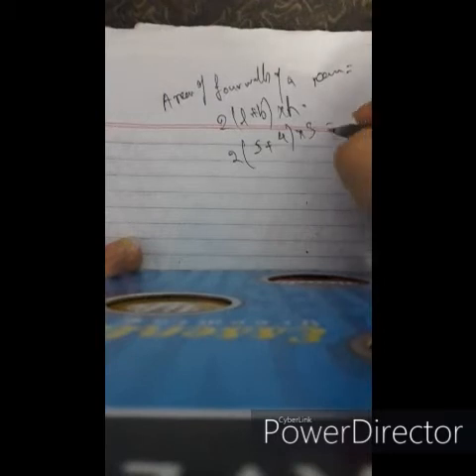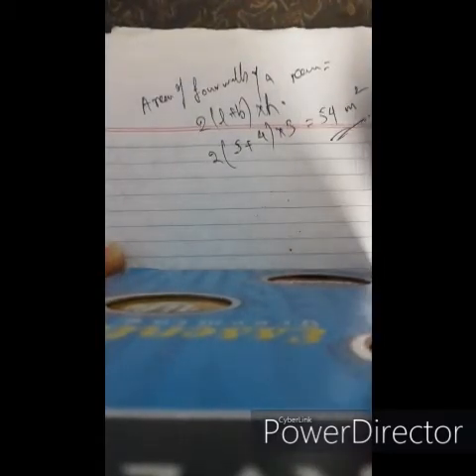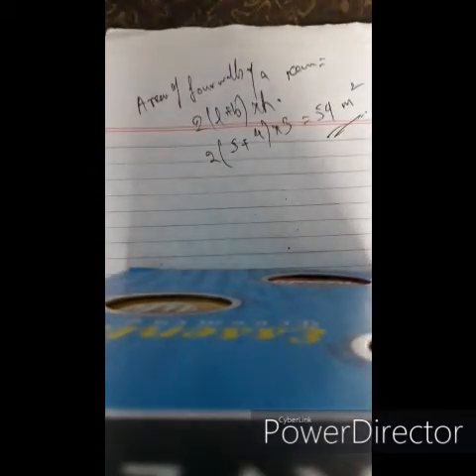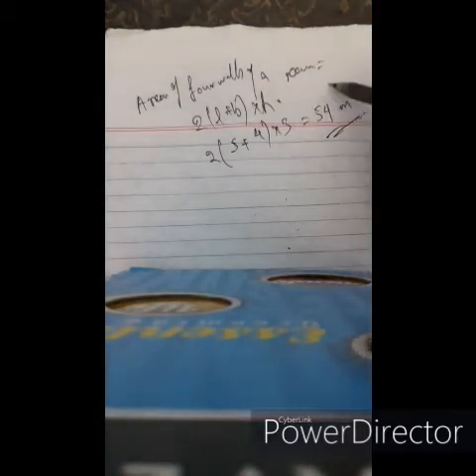So the area of 4 walls comes out to be 54 meters square. So now we had to subtract the total area which was meant for doors, windows, etc. from this 54 meters square.